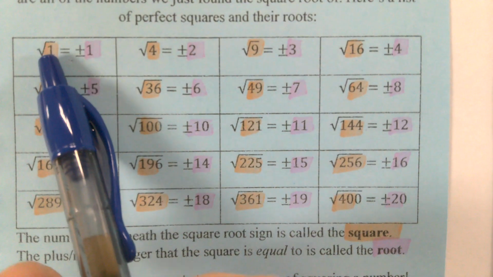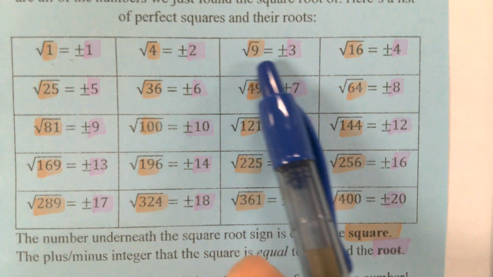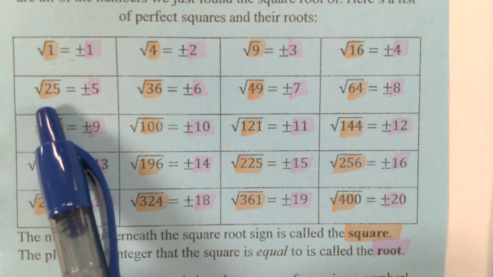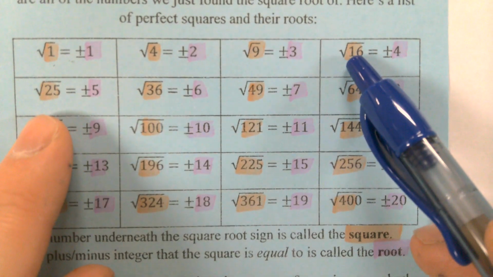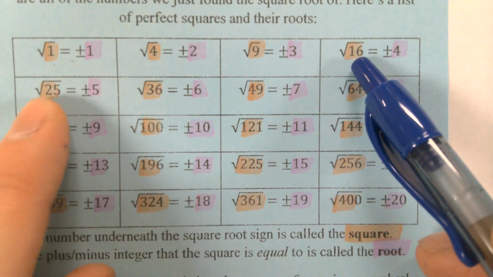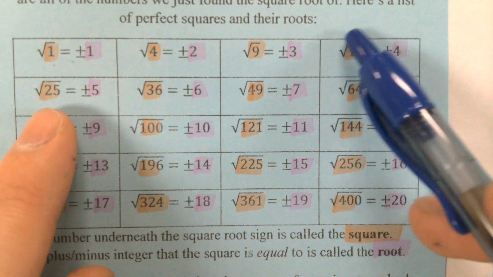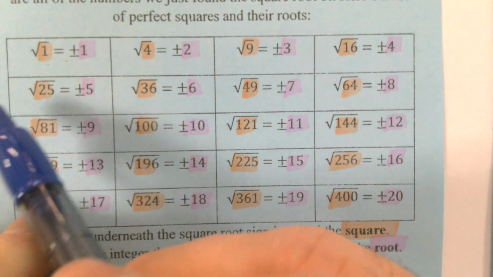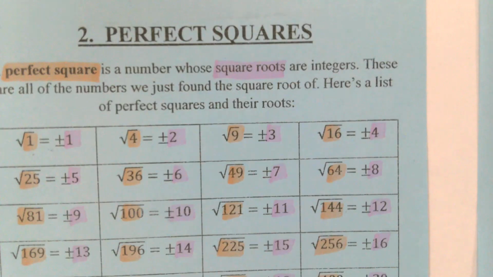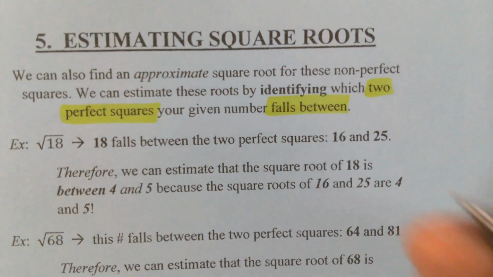So we've got 1, 4, 9, 16, 25. It looks like 18 is going to be in between 16 and 25. You guys see how I figured that out? 16, 18, 25. 18 is going to be right in between 16 and 25.